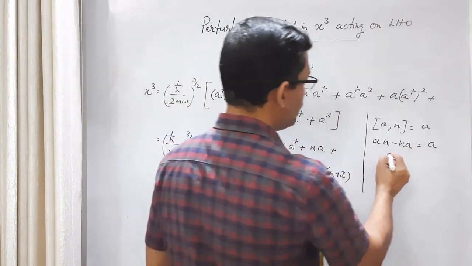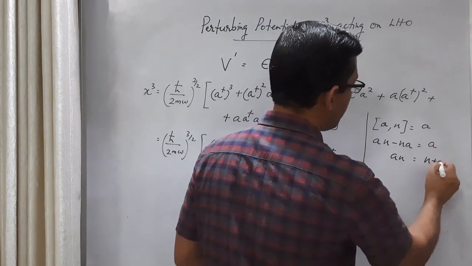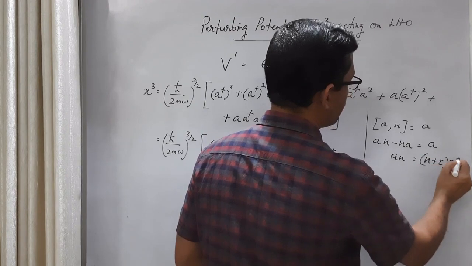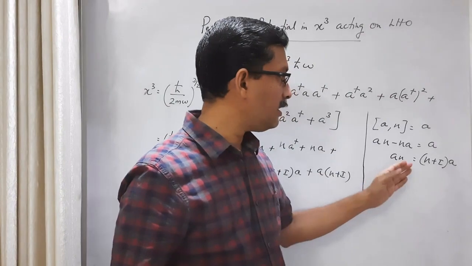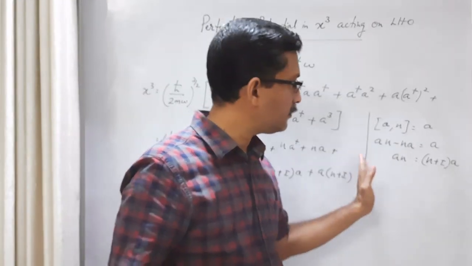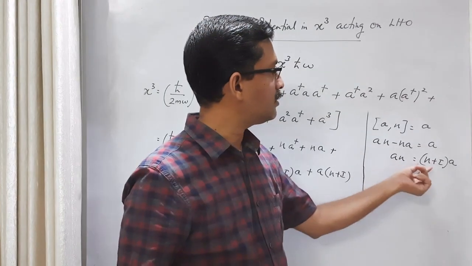Okay, that means a n you can write as, taking n a to the right side, n plus I into a. So why do we need this is, whenever a is on the left side of number operator, we can bring it to the right side by this relation. Okay, a n is equal to n plus I into a.